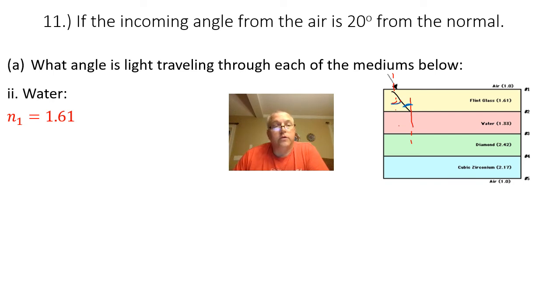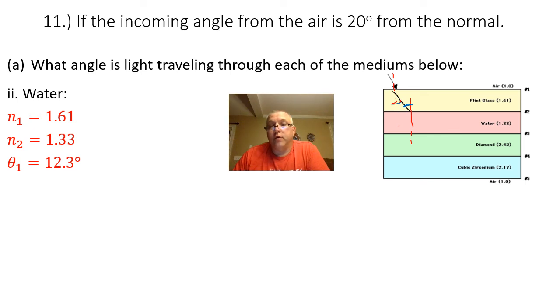So I know that my incident medium, the glass, has an index of refraction of 1.61. My refractive medium, the water, has an index of refraction of 1.33. My angle of incidence is 12.3 degrees, just like it was in the previous part of the problem.